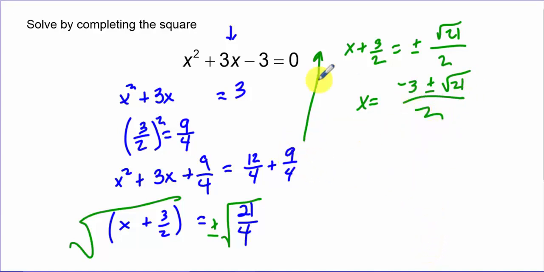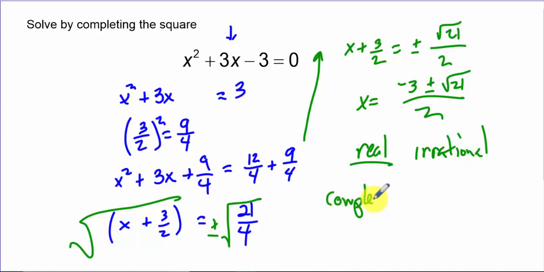Now, each of these answers has been, first of all, a real number, and in this case and the previous case, because it had a square root in it, it is irrational. Now, you can have answers that are complex. All right? In other words, there may be a case in time where I get an answer like 5 plus or minus 2i root 3 over 7, something like that.